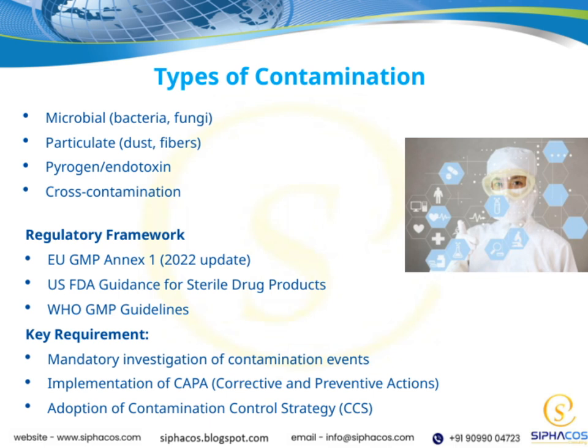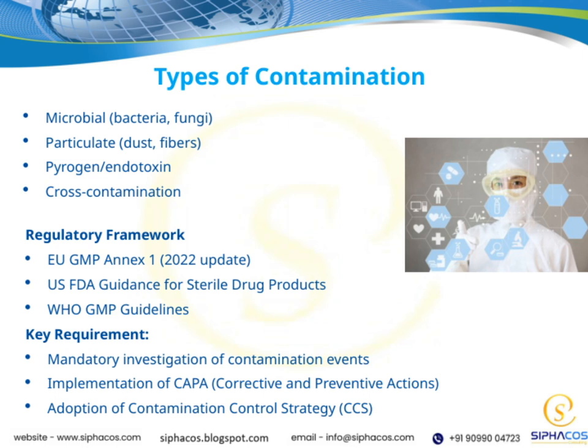First, we have the EU GMP Annex 1, which was updated in 2022 to reflect the latest industry practices and standards. Then, there's the US FDA Guidance for Sterile Drug Products, a critical reference for ensuring product safety and quality. Additionally, the WHO GMP guidelines set global standards that many of us follow to maintain consistency and compliance. Now, a key takeaway from these frameworks is the mandatory investigation of any contamination events.